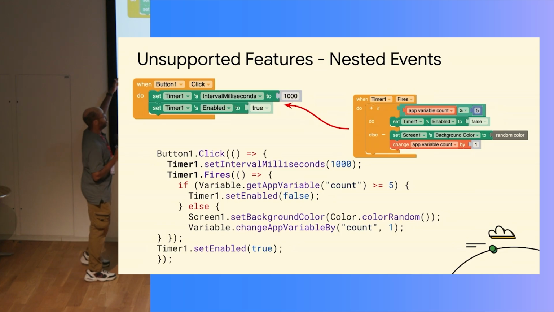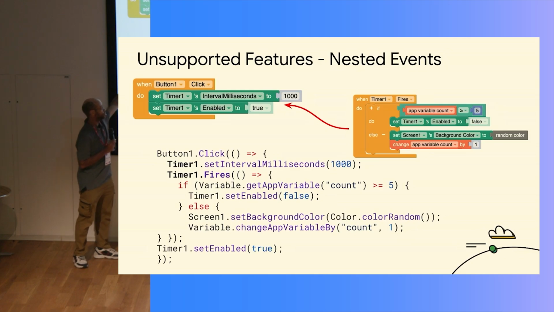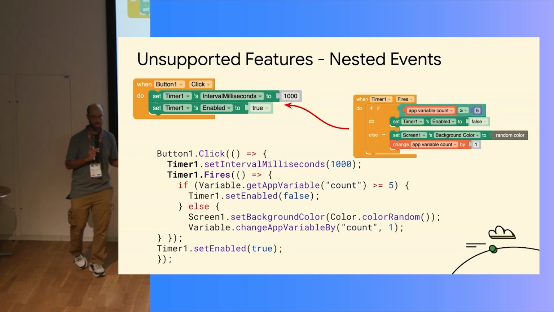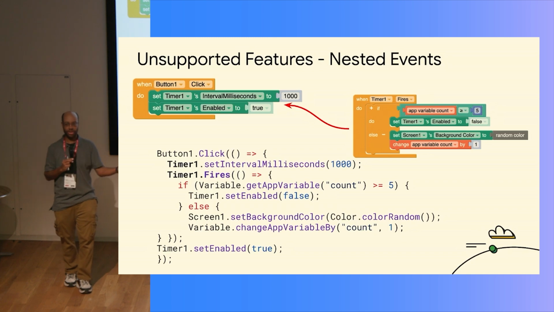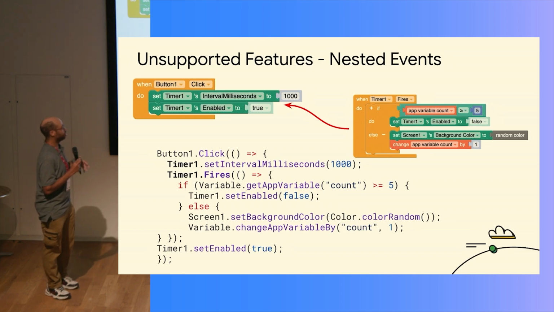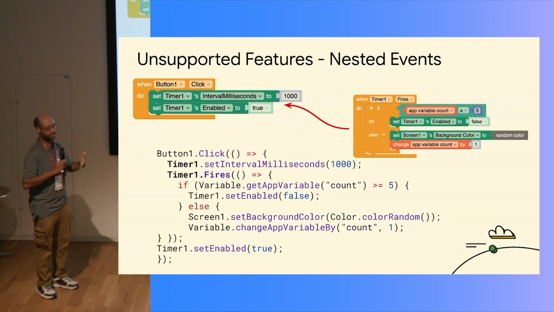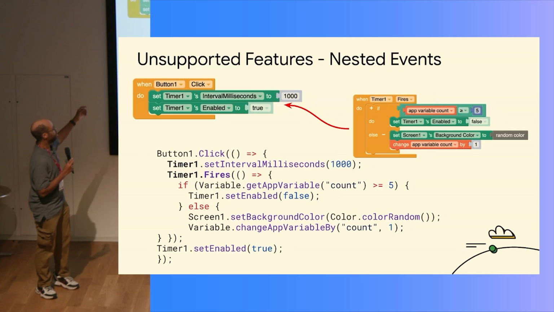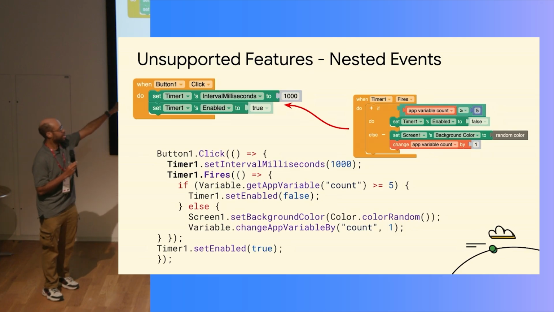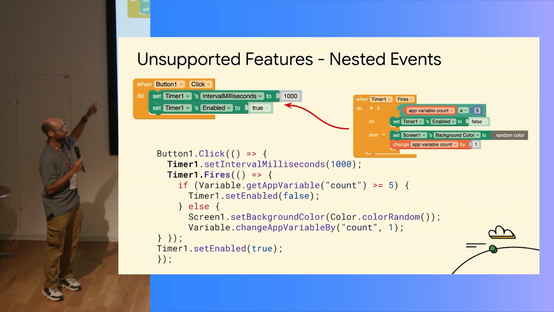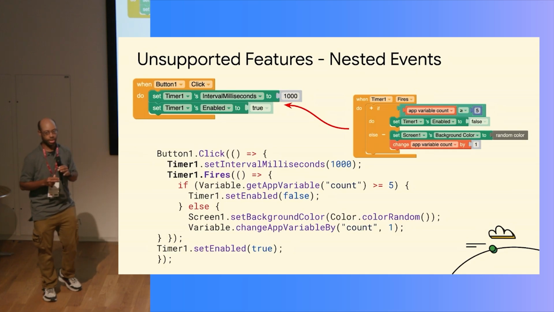So we see inside of here, we have this button click, and inside of it has a when timer fires, and then it sets the timer to be enabled, which is reasonable JavaScript to have, like an event inside of an event. But within our Blockly framework that we use, we can't exactly put this timer fires event in the middle of this button click.